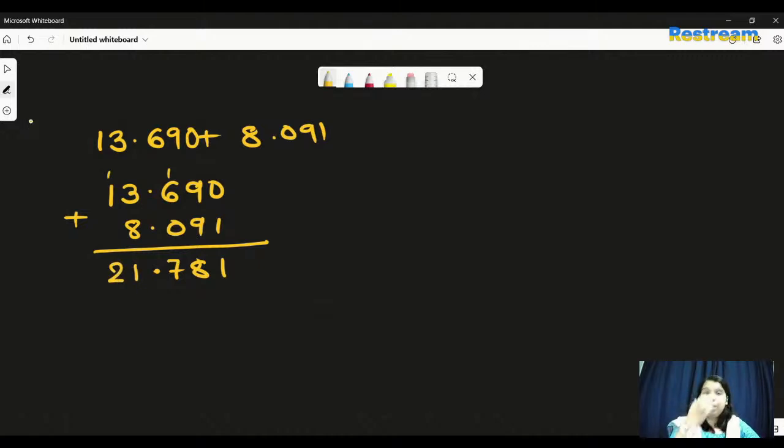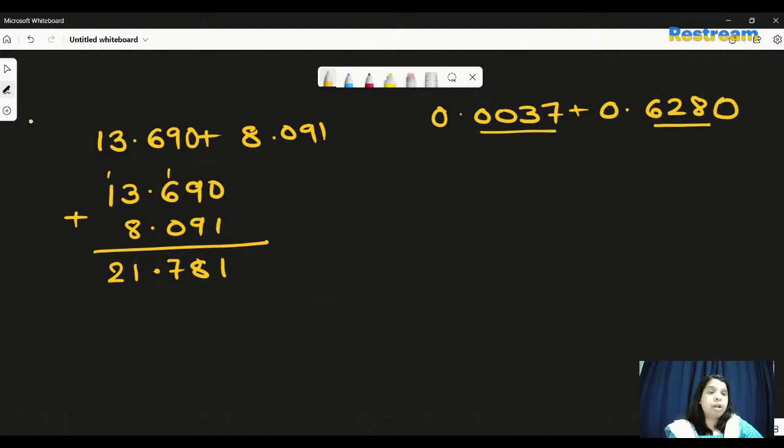So it is 21.781. How about 0.0037 plus 0.628? Here we have 4 decimal places, and here we have 3, so we are going to add a 0 here. So it is going to be 0.0037 plus 0.6280.